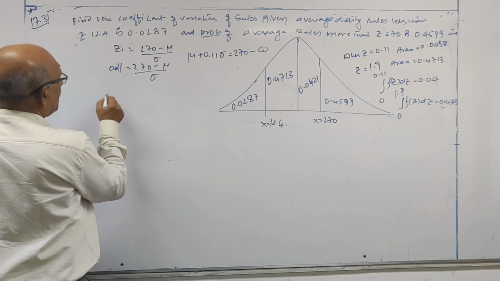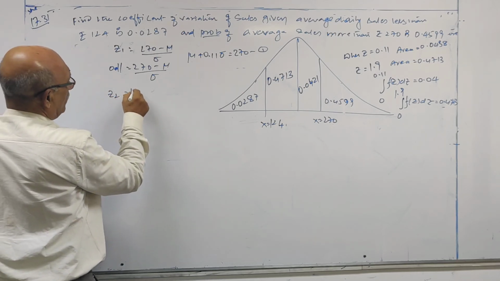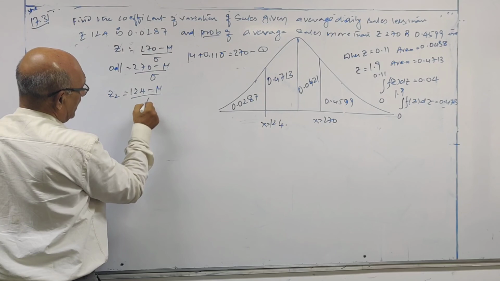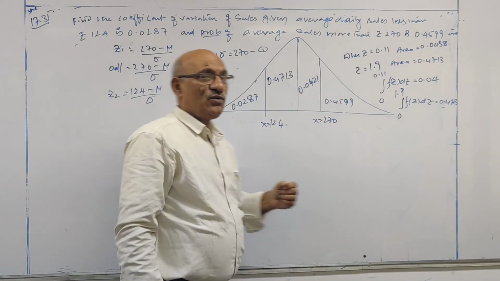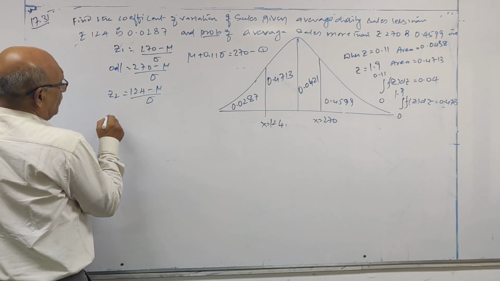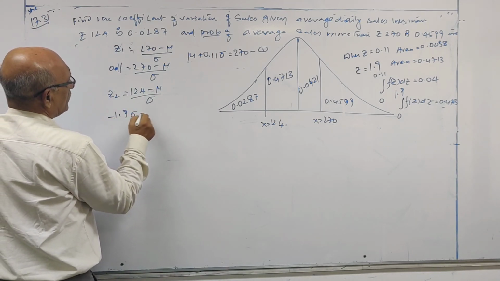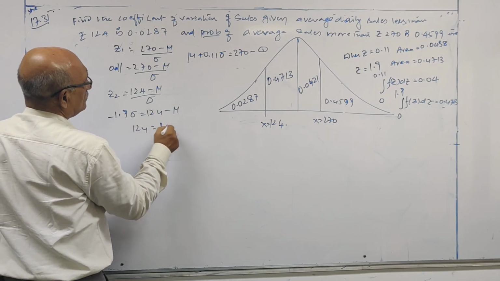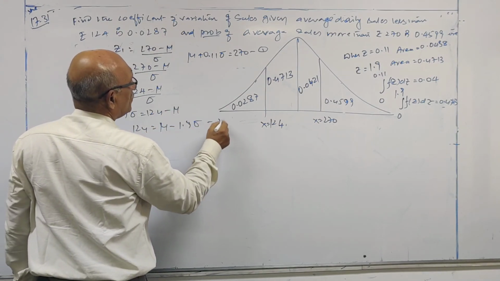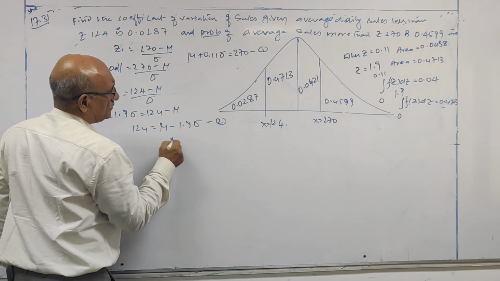Second one, Z2 is equal to (124 minus mu) divided by sigma, but it is on the left hand side, so the Z value is negative. Minus 1.9 into sigma is 124 minus mu. This is equation 2. Solving 1 and 2.